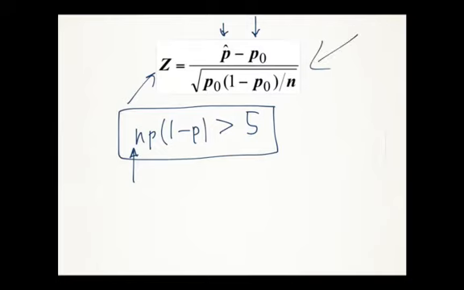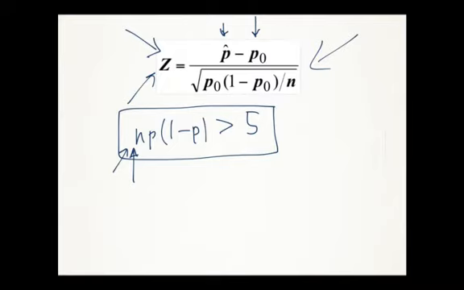Hopefully this makes sense to you, because when we spoke about the nonparametric tests, we said, hey, we want to use nonparametric tests when we have small sample sizes and we're worried about the normality assumption. So you can see this is saying the same thing. This is saying, hey, this thing is a normal approximation, but only use it when you have a reasonable sample size, okay, based on this particular rule of thumb.